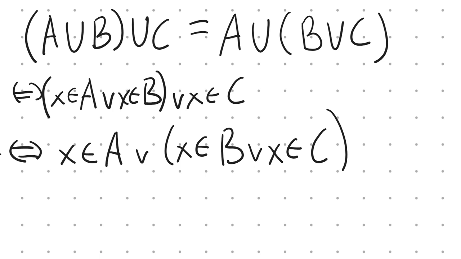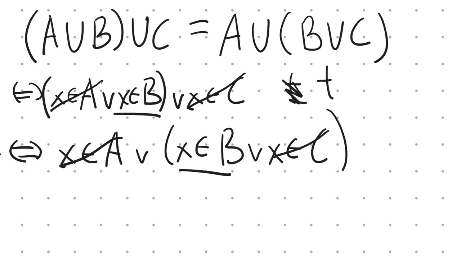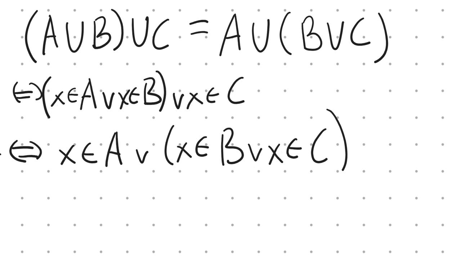If X is in B, then this is false, this is true, and this is false. And this one says that this is false, this is true, this is false. So we have a true statement, since this is true for at least one. Now if we try every single case, this will work out.